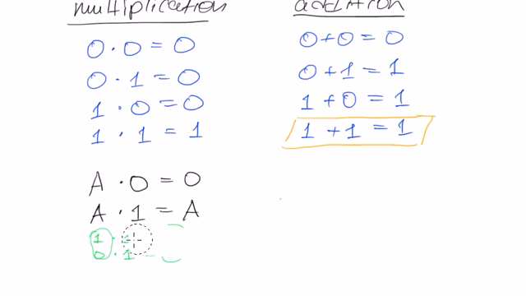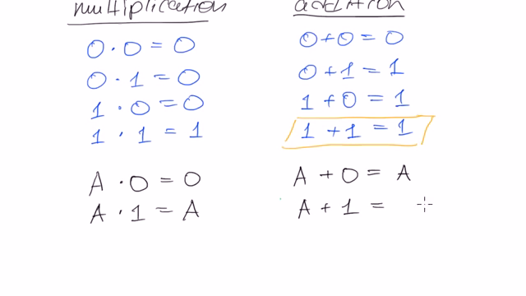So let's do the same with addition. It might look a bit tricky. a plus 0 equals a. You can check that. And then a plus 1, and here is a little surprise, it will equal 1. Let's check that.